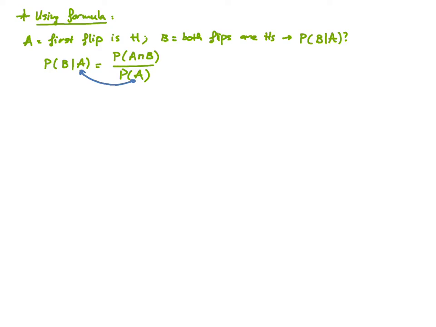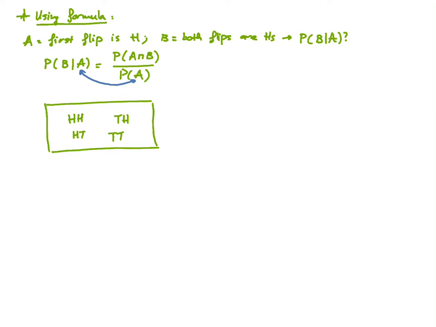Let's go ahead and draw my Venn diagram. Suppose I have this Venn diagram and I have 4 outcomes, right? Head-head, head-tail, tail-head, and then tail-tail. Now, to find the probability of the intersection of A and B, we need to find the number of ways we can have both A and B happen, right? Divided by the total number of outcomes.